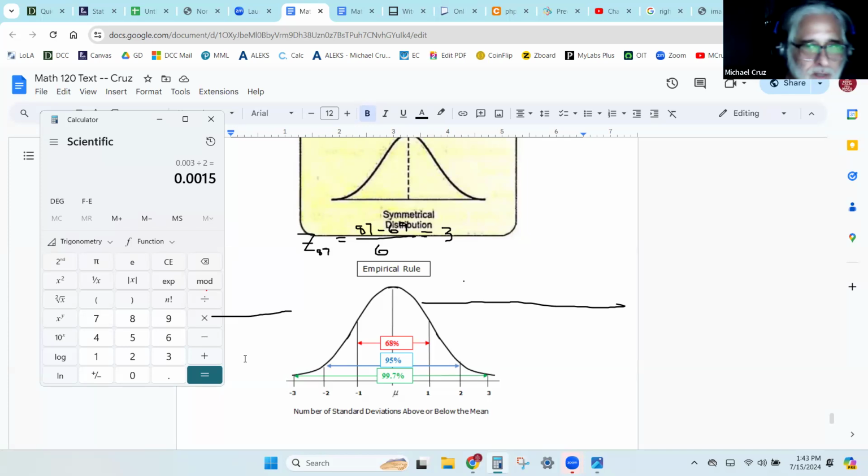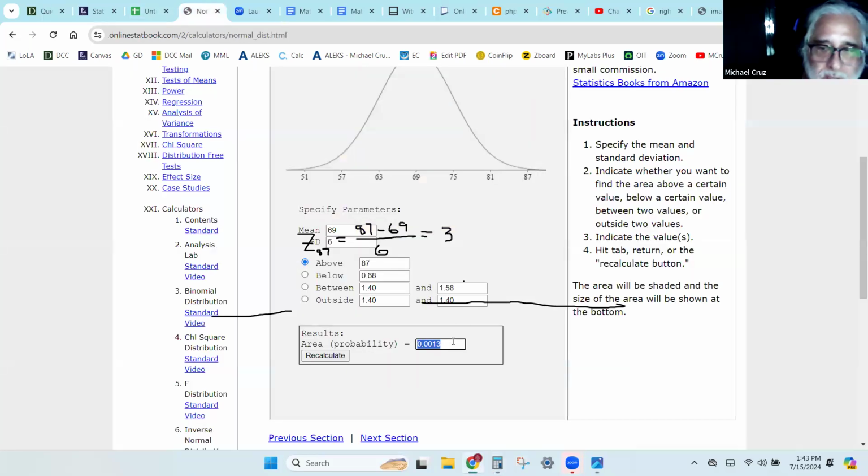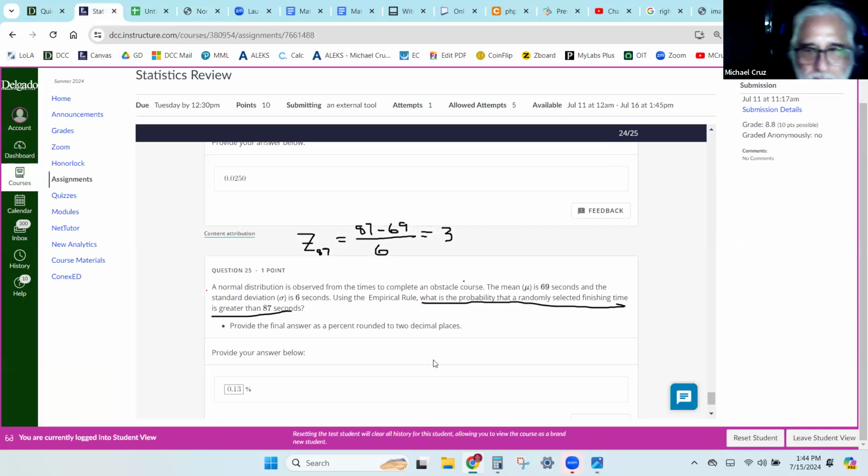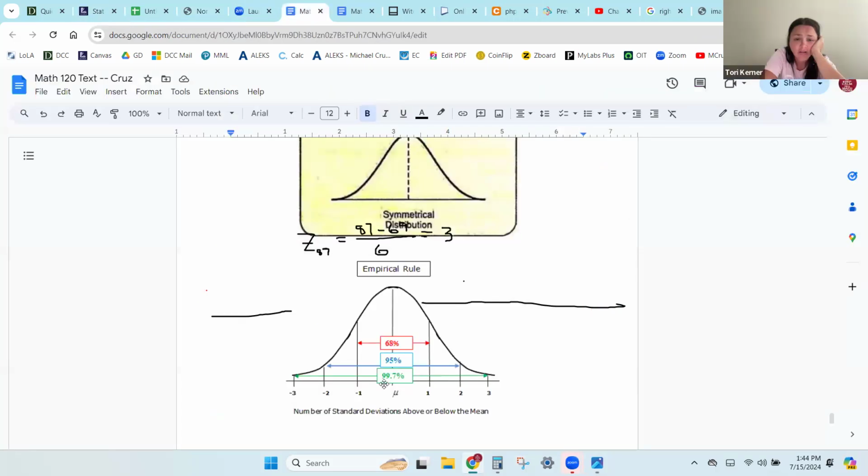So if you use the empirical rule, you get the right answer. When I did it earlier, I had used this to show you that the exact answer would be 0.003, but they do say to use the empirical rule. So the empirical rule is just going to be half of the missing area. Okay. 0.15%.